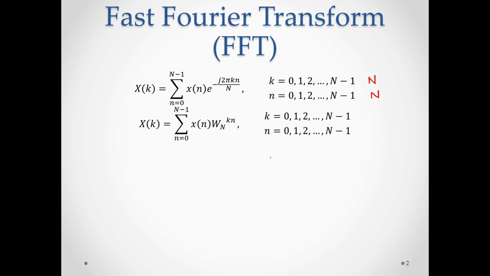If you are trying to calculate the discrete Fourier transform of a system, basically how we did that was we start by considering that k is equal to 0. If k is equal to 0, our formula would change to the sum from n equal to 0 to N minus 1 of x of n, times Wn, and its power would be 0.